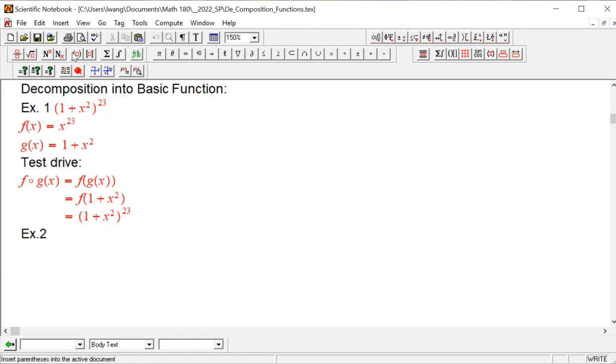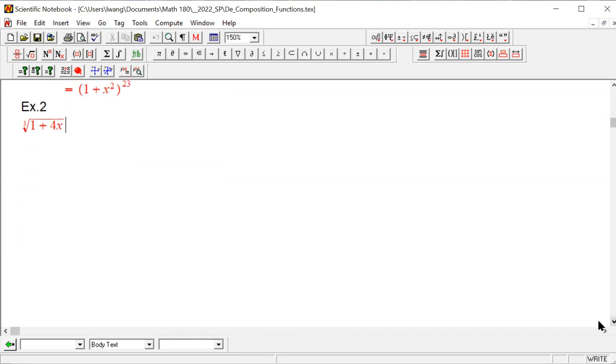We have the cubic root of 1 plus 4x. How do we decompose it into simple functions? We do it from outside in. From the outside, I see the cubic root of something.